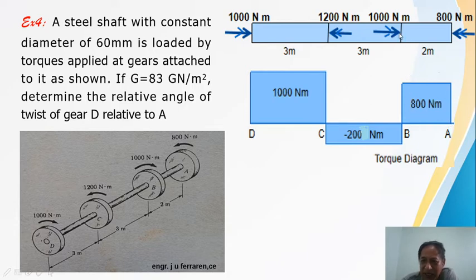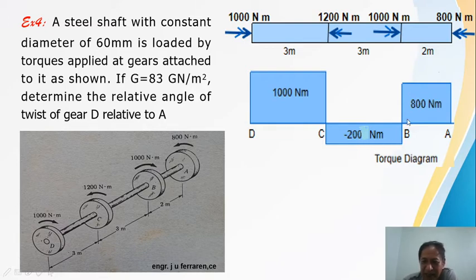Torque applied here is opposite to your 800, which is 1,000. So if I assume plus for the first, this one becomes negative 1,000. So 800 as my reference minus 1,000, there is a sum of minus 200.